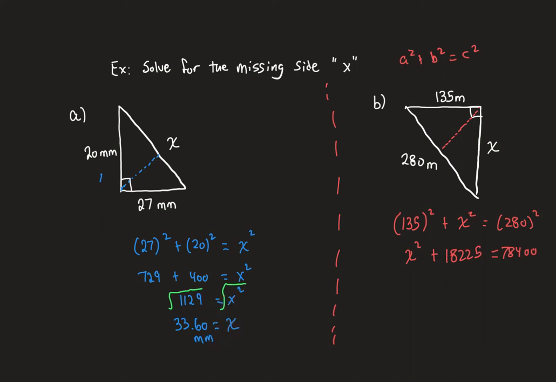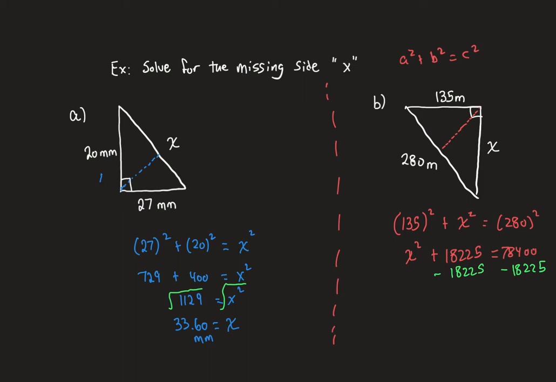We are trying to isolate for x here. So we have to get the x by itself. To do that, we have to get rid of the 18,225 first, which is adding, which means we are going to subtract 18,225 from both sides. Remember those analogies? How do you get rid of a positive influence? By putting a negative influence. Don't try that out in real life.